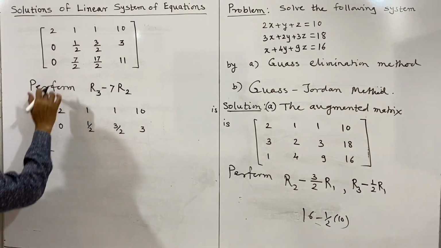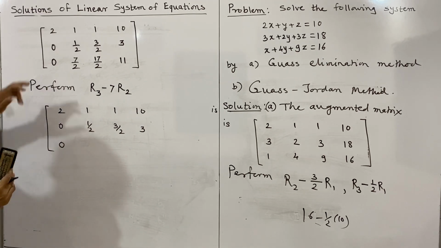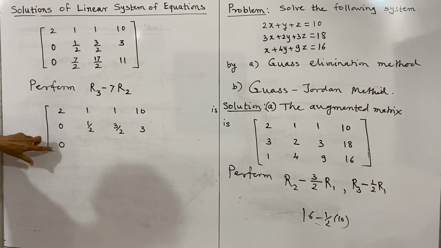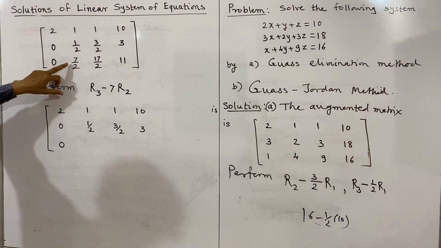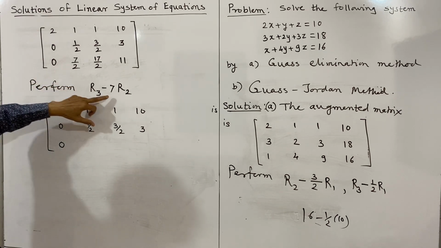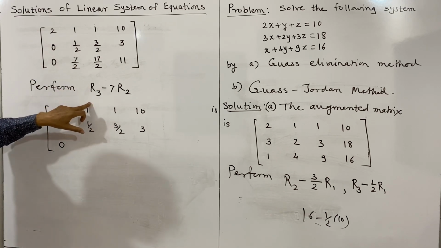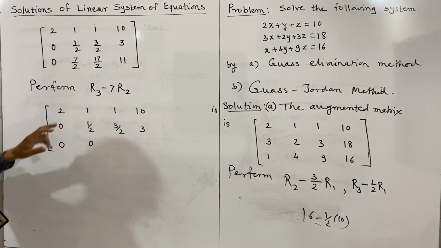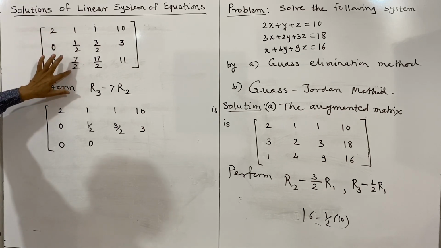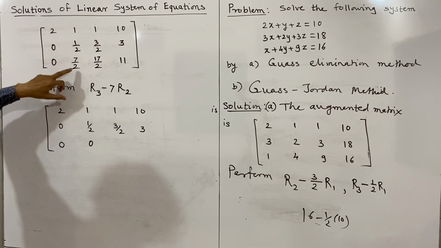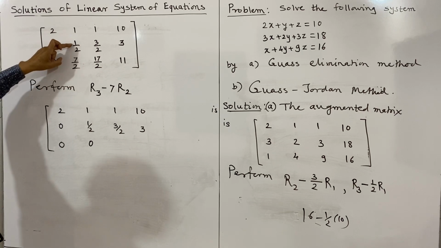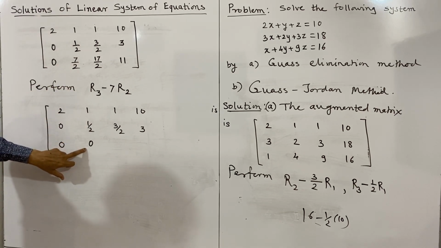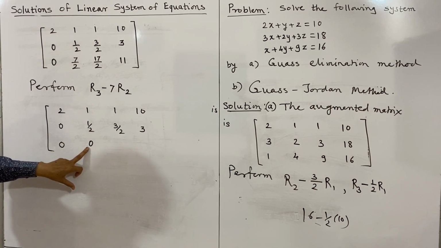And now the third row is 0, because this element is 0, this will not be affected. And now this is 7 by 2 minus 7 into half, that is 7 by 2, so that is now 0 as required. So according to that only we have decided this transformation. So this is R3 minus 7 times R2, and the element is 0 now.